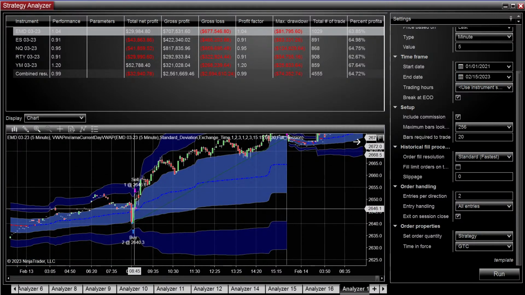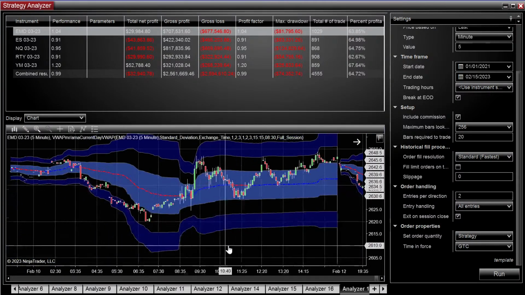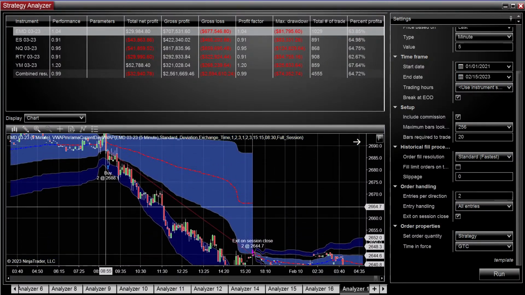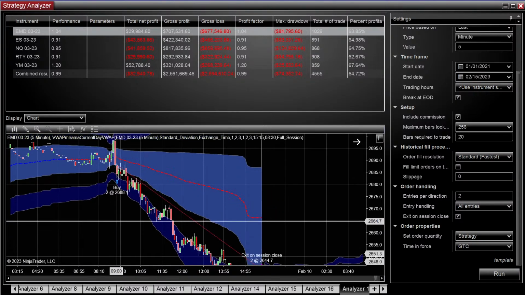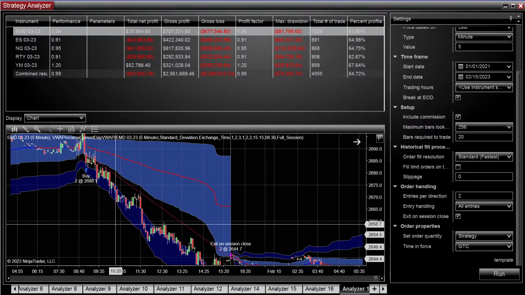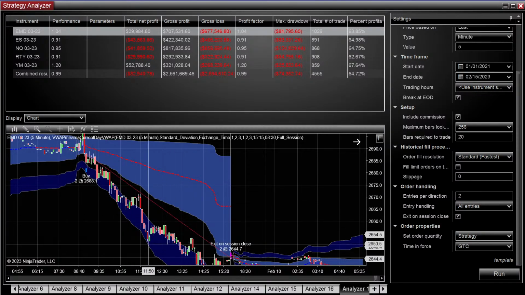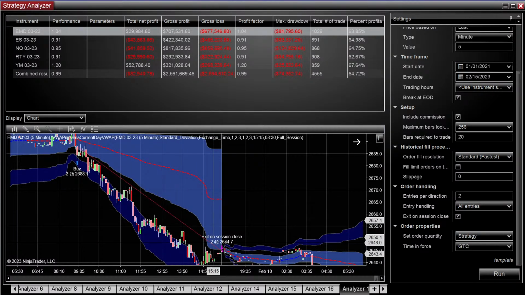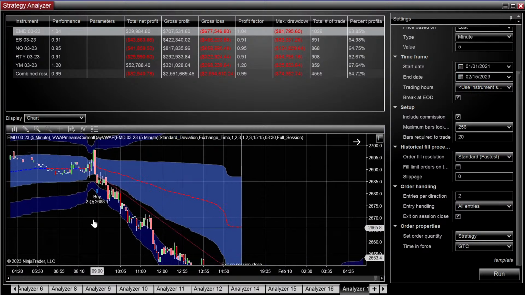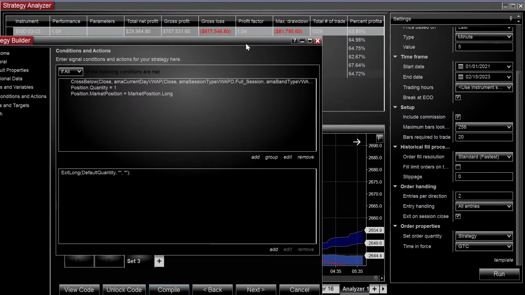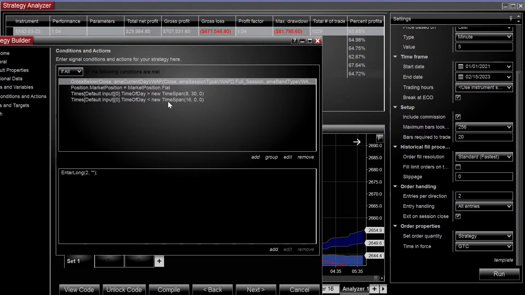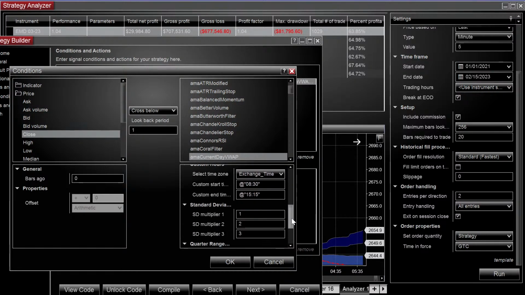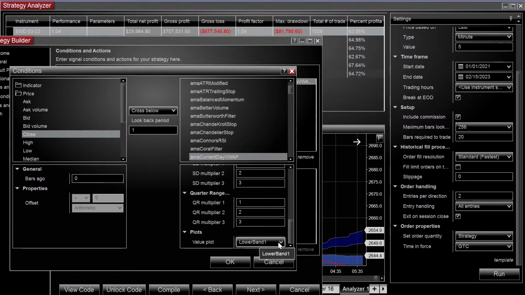You can see it's able to capture those big green days. But our stop loss still isn't capped, causing this to happen. So right now our entry is whenever we cross below the lower band. First, let's change it back to cross above.